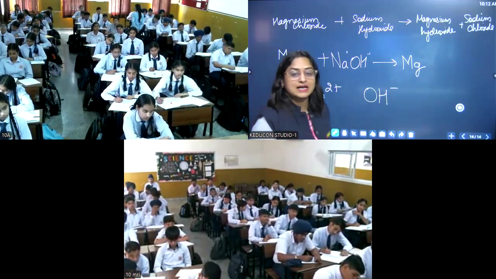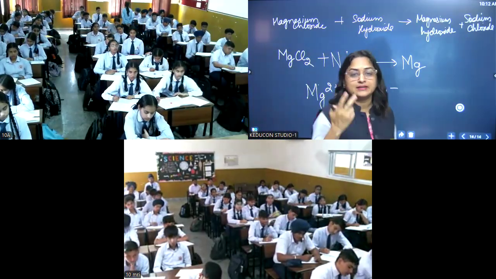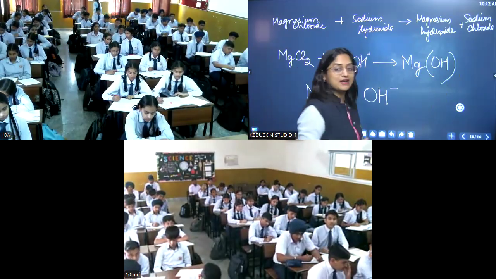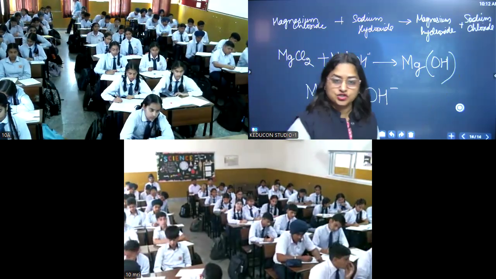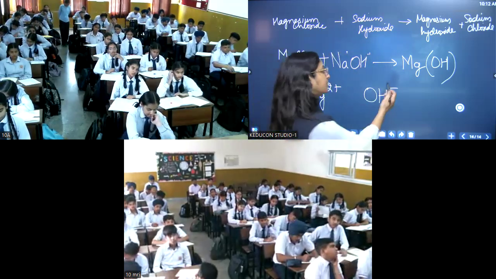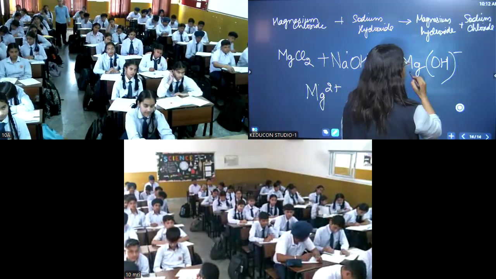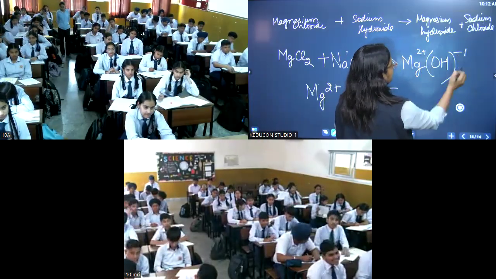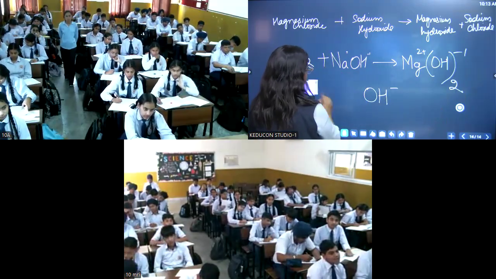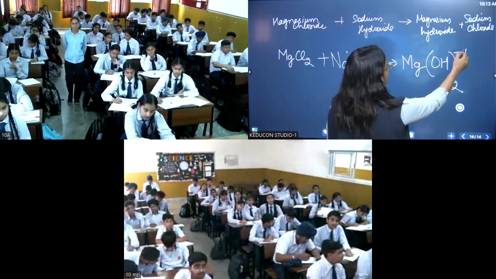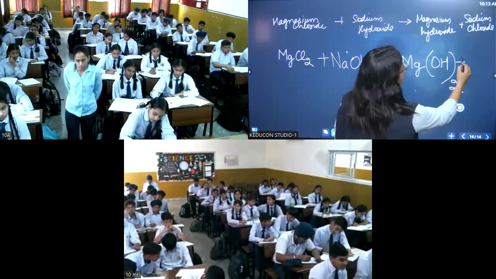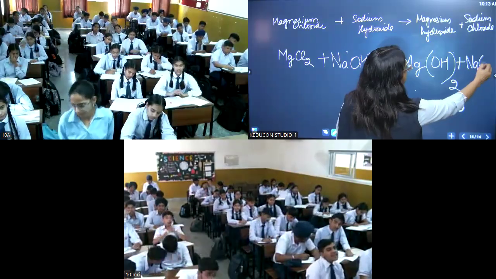Because hydroxide ion is made up of 2 different atoms, we put this in a bracket. Whenever we have more than one atom carrying a charge, we call it a complex ion, and we put it in the bracket. So this is the +2, this is -1. We cross this and we get Mg(OH) twice. And sodium chloride is NaCl.